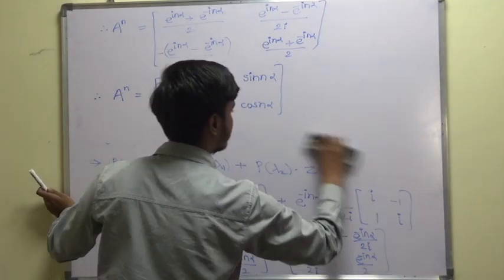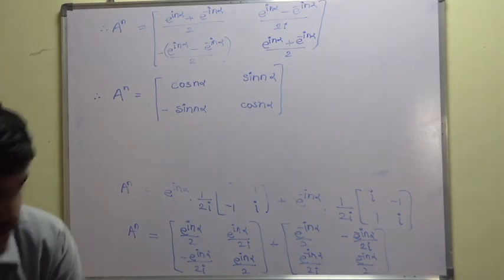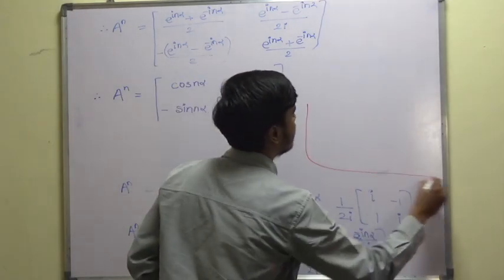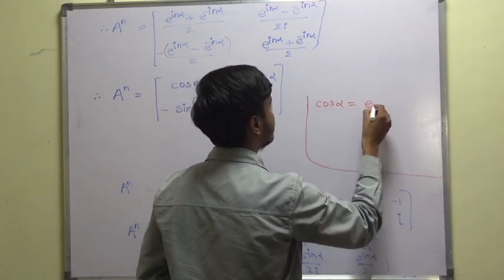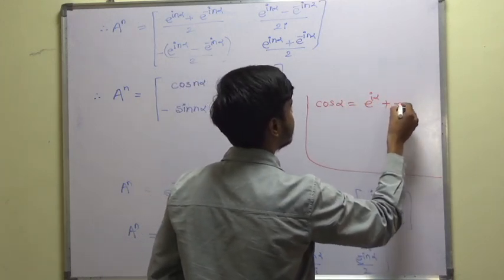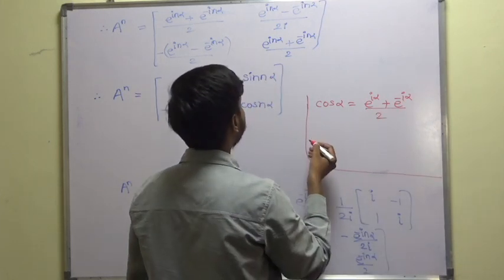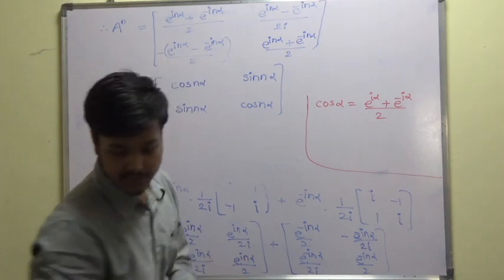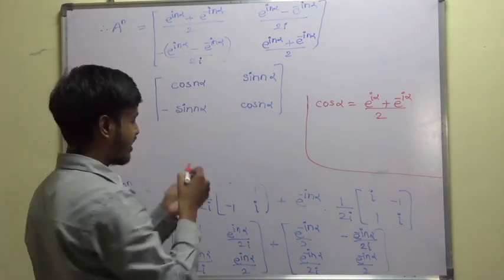Simple. So you just need to remember two formulas that I will write here. Above the margin you can write cos alpha is equal to e to the power i alpha plus e to the power minus i alpha by 2, and for sine, yes, just a second, here it is 2i, so I forgot to write i here.